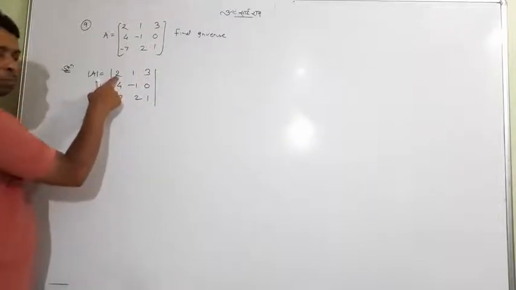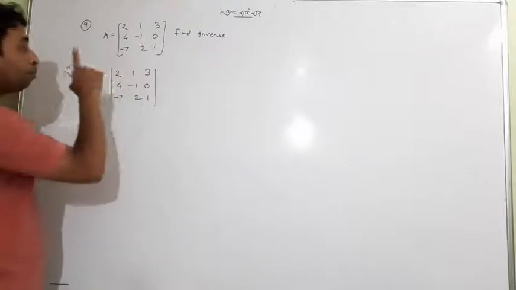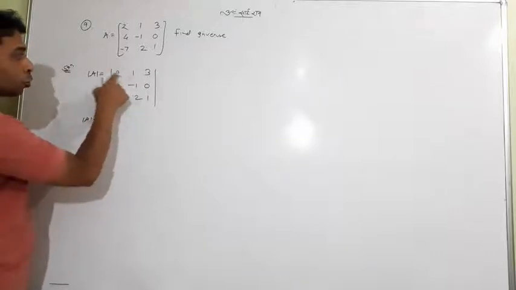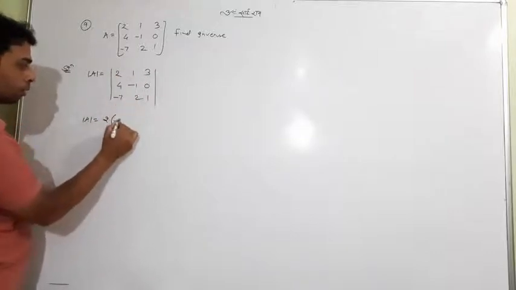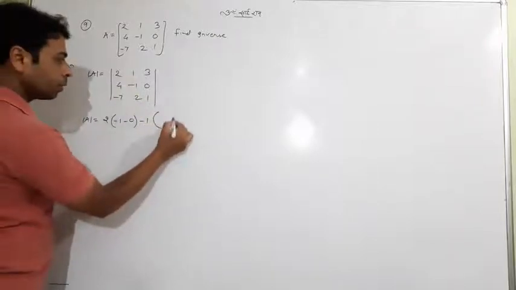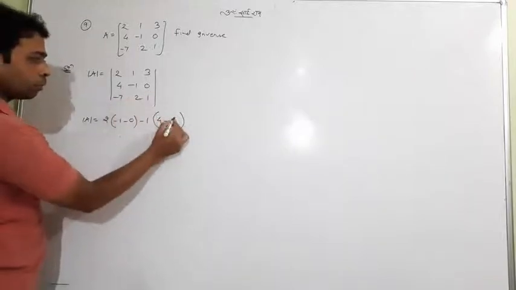Open it. 2, along the first row, don't forget, along the first row with the minor, plus, minus, plus. 2, its minor, drop this into this, into this. Minus second element, drop these two, 4 ones are 4, minus 7, 0, 0.